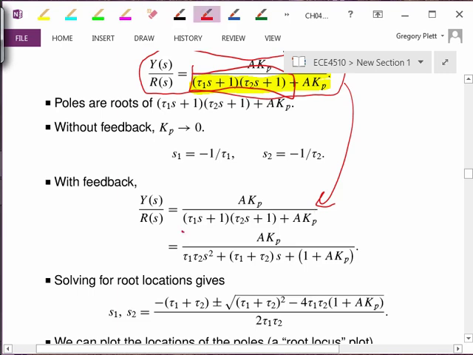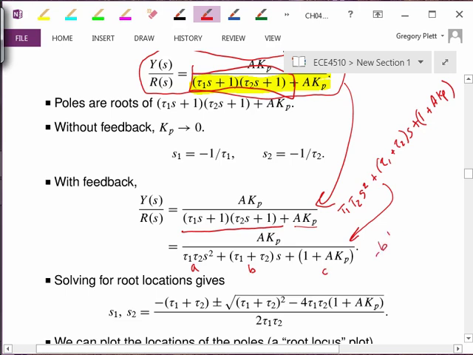And you'll notice just doing FOIL on this, I'll get tau 1 tau 2 s squared, plus (tau 1 plus tau 2) times s plus 1, and then adding plus a times Kp, and that is exactly what we have there. I put that into the quadratic equation, which says if this is lowercase a, b, and c, the roots are at minus b plus or minus square root of b squared minus 4ac all over 2a.